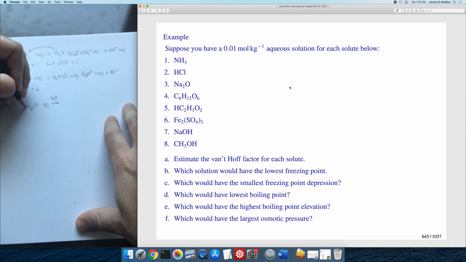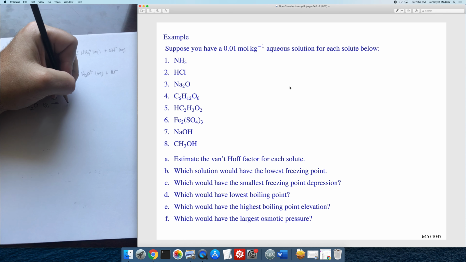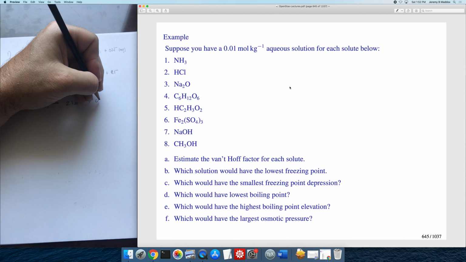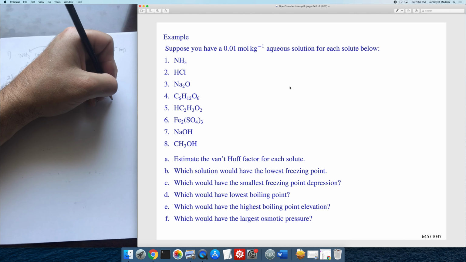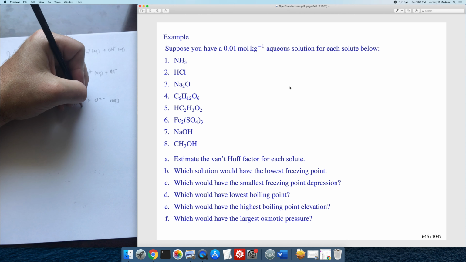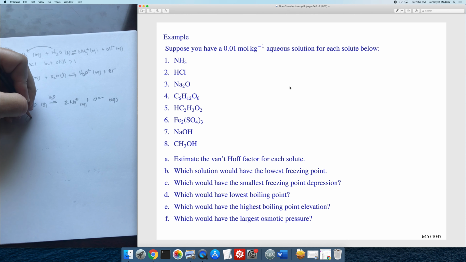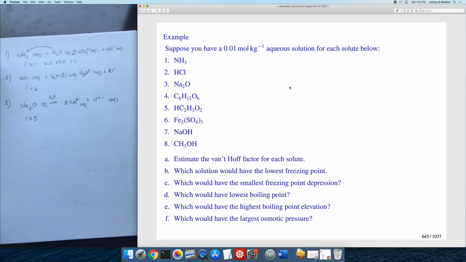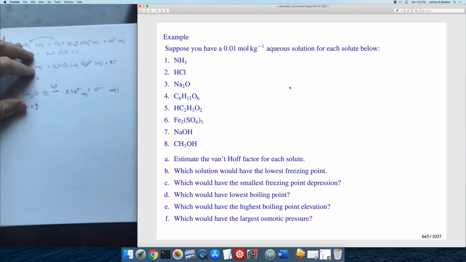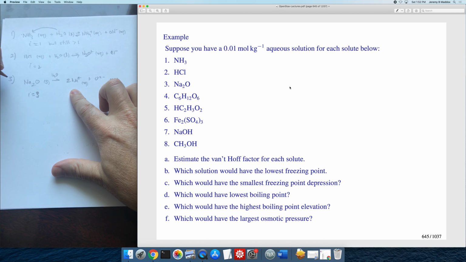It's a group 1 cation. It's totally soluble. You get these ions. It's one directional. The Van 't Hoff factor here is going to be 3. 2 cations and 1 anion.